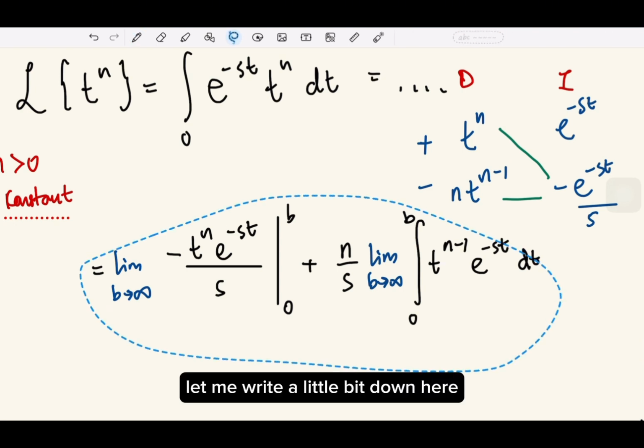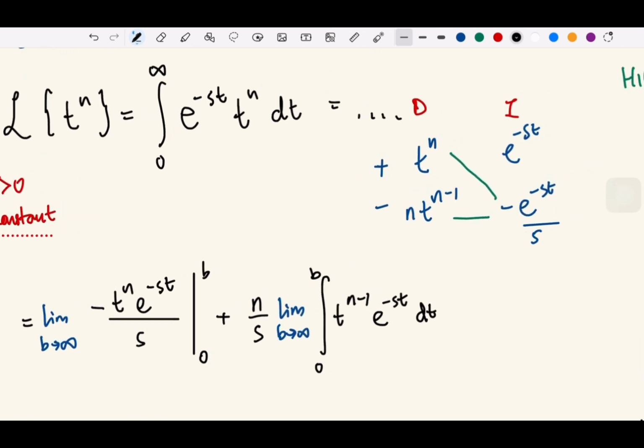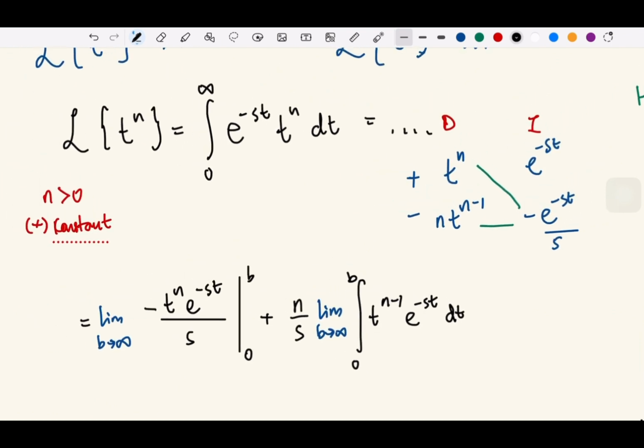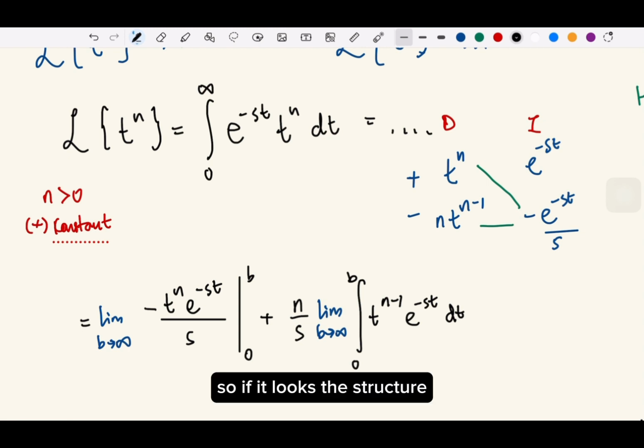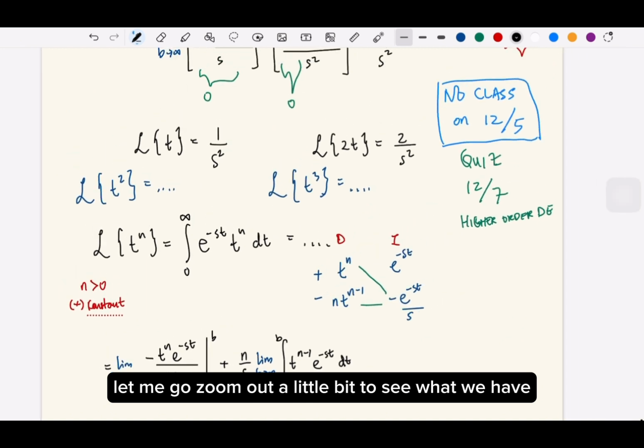Maybe let me write a little bit down here so there will be much space. So if we look at the structure, this will be the same structure as we did in the previous one when we dealt with t. Okay? And now we have this. Let me zoom out a little bit to see what we have.